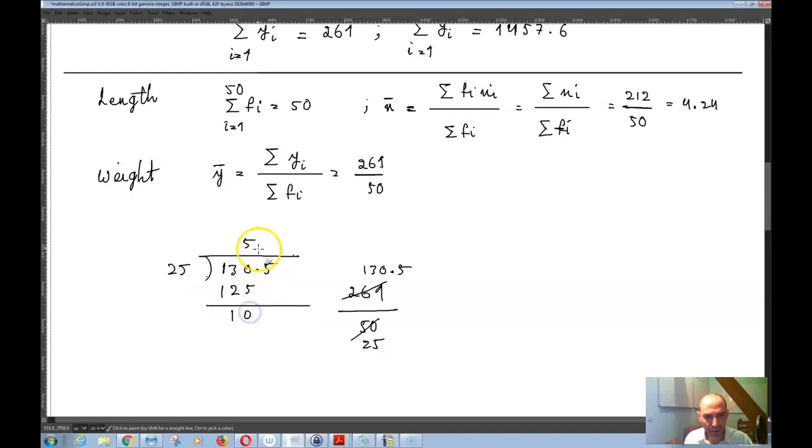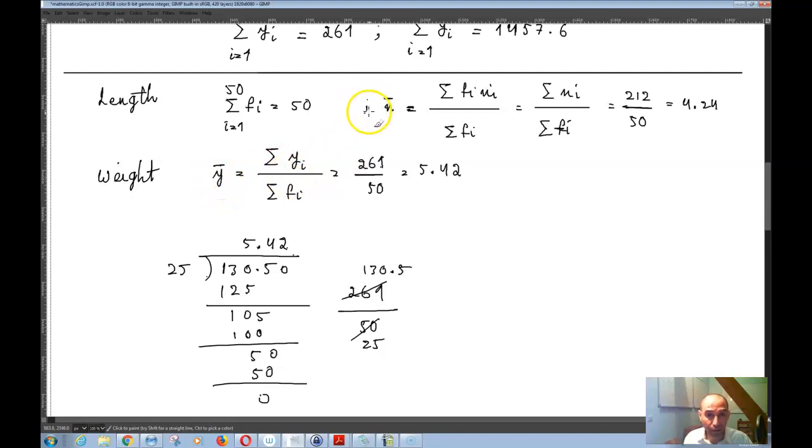We get 10 remainder, 5 here, 4 times 25 is equal to 100, 5 remainder 0, and 2 times 25 is equal to 50. So that's equal to 5.42. That is your y bar.